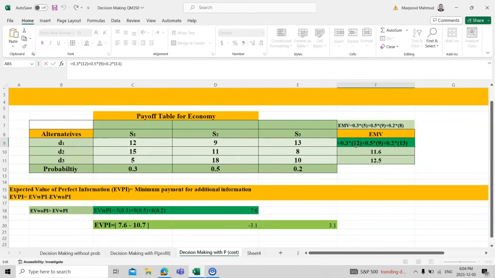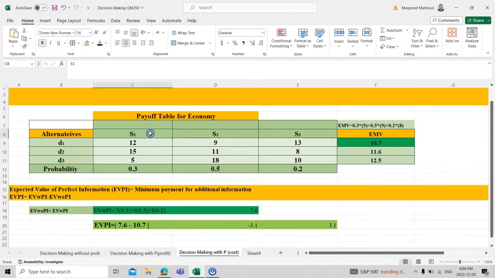So we have to find the cost for D1 and multiply with the respective probability. When I say respective, I mean the probability under each case. So for S1 the respective probability is 0.3, for S2 it is 0.5, and for S3 it is 0.2. So we need to multiply these and we will get this answer.